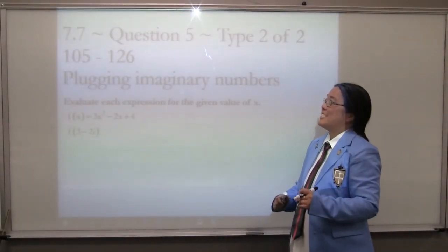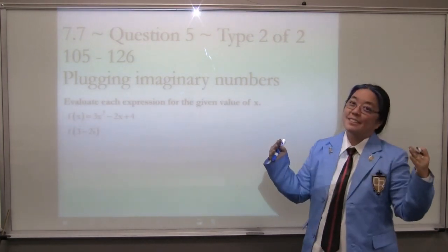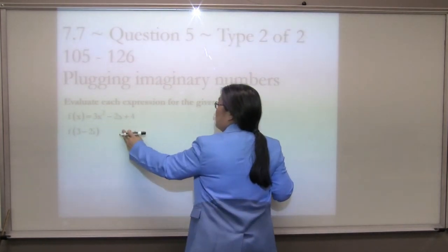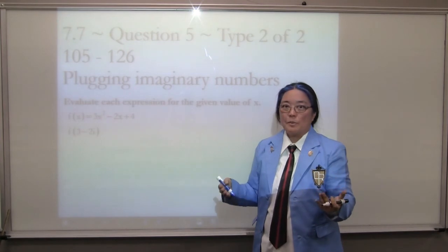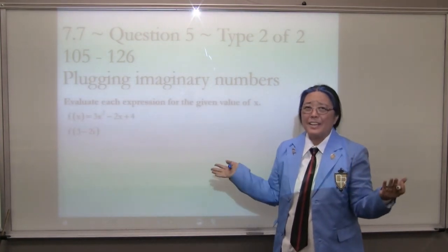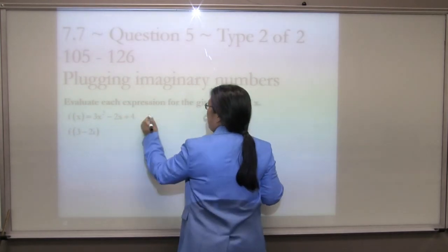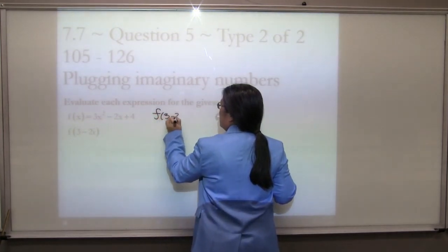Chapter 7, Section 7, Question 5, Type 2 of 2. This is it. This is as hard as it gets. So, here we go. You might notice that this looks remarkably similar to Chapter 3, Chapter 5, Chapter 6. We're plugging things in. How amazingly wonderful is that? So we have the formula here. We're going to plug in 3 minus 2i.